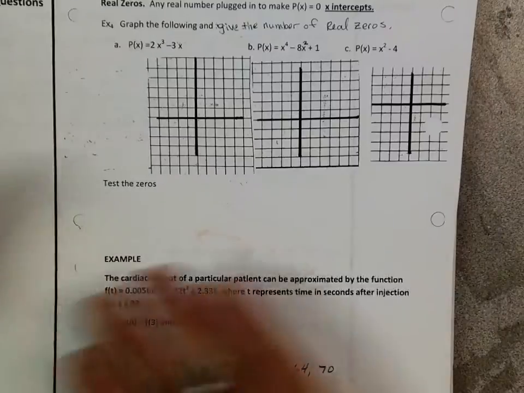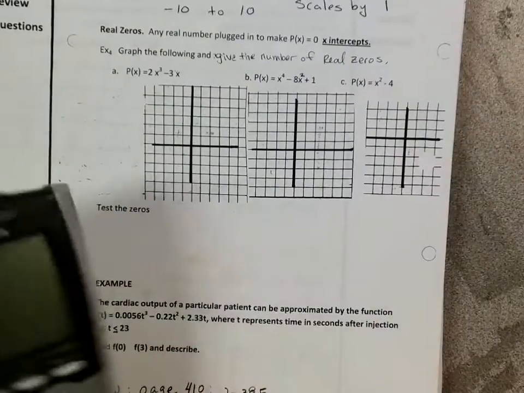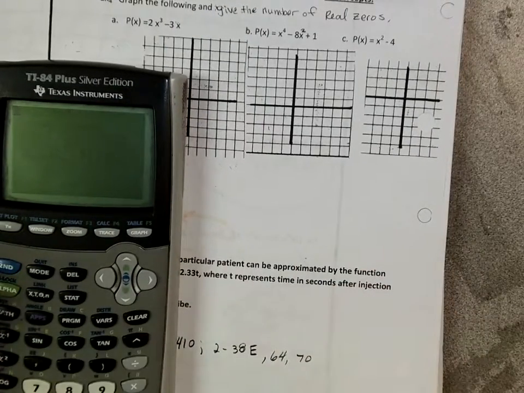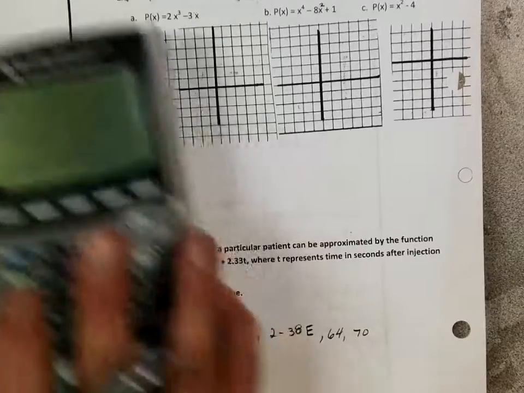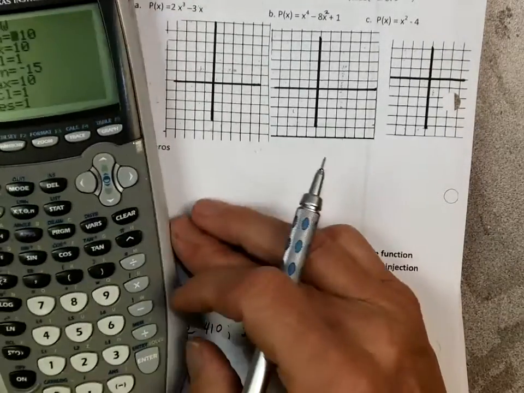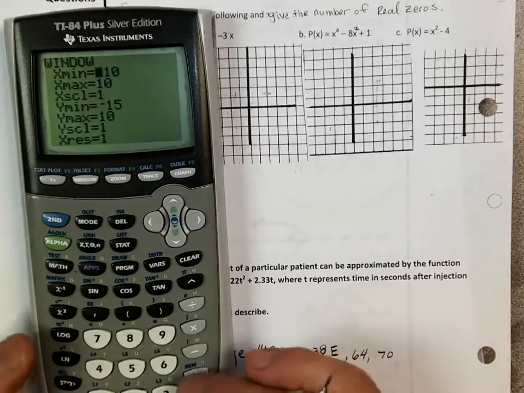Okay, return the page. All right. Now, if you don't have a calculator, please go grab a calculator. Grab a good one, because we're going to graph these, all right? Taylor, you got one, please? Okay, grab a calculator. Let's make sure our window is negative 10 to 10.